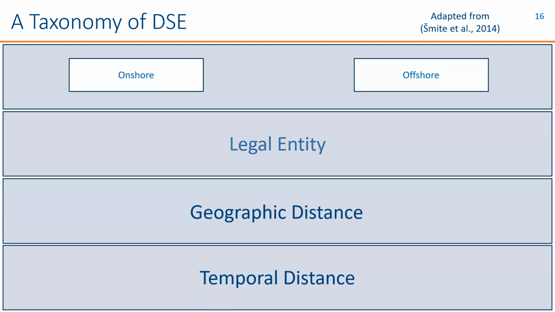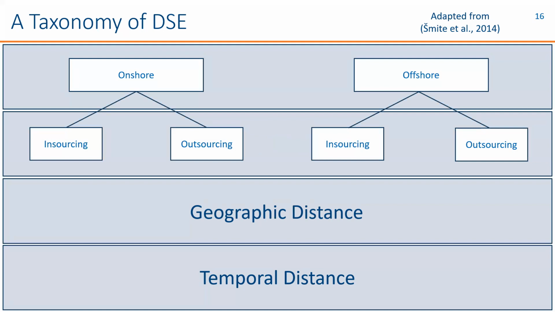The second level of this taxonomy is legal entity. This level is concerned with the legal entities involved in the software engineering. Is the project being insourced, where it's being kept in-house under the same company, or is it being outsourced, being developed in part by another company?